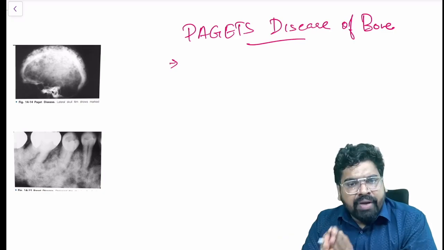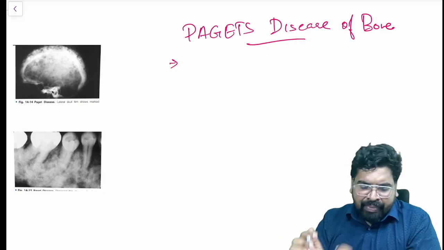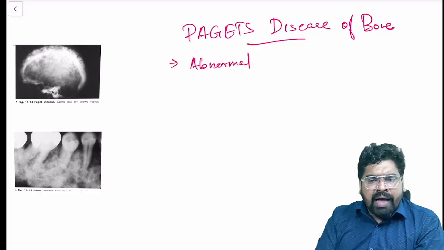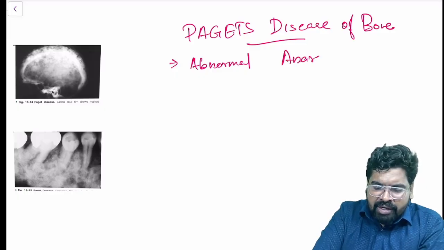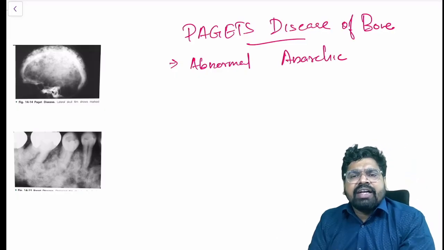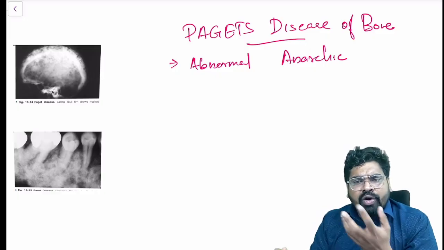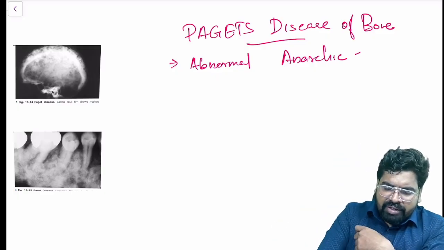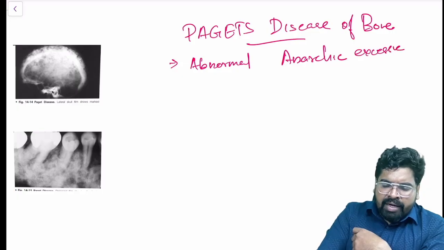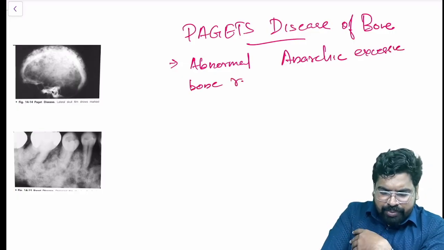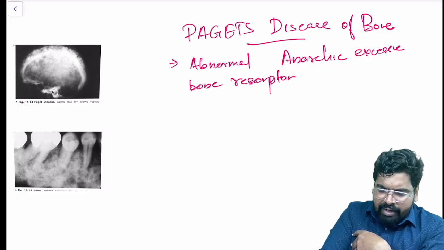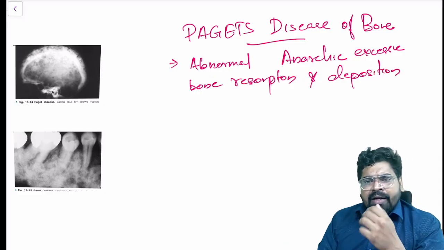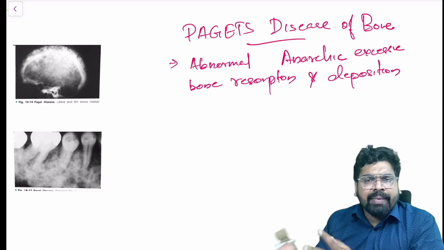Okay, so what happens in Paget's disease of bone is that there will be abnormal anarchic, excessive bone remodeling. Anarchic means with a different, wrong architecture. So there is resorption of bone and there is abnormal deposition.